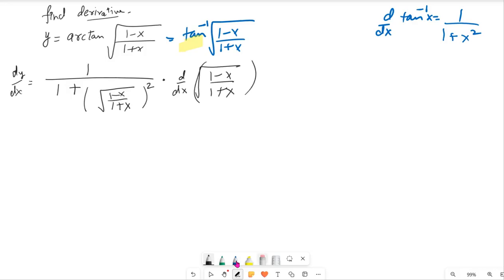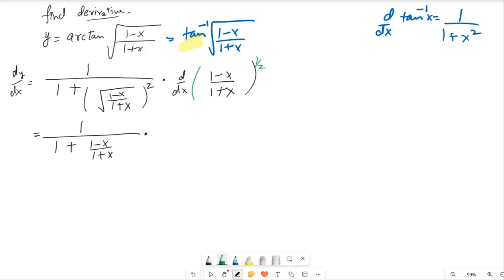Here, the square and the square root cancel. This is basically this times the derivative of this, but I'm going to change it.